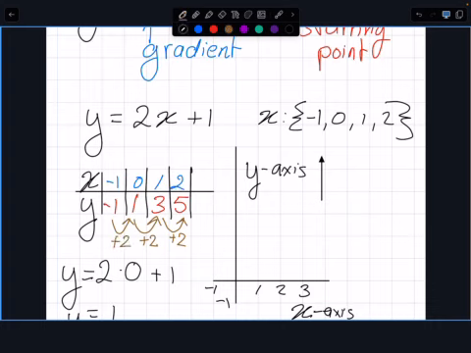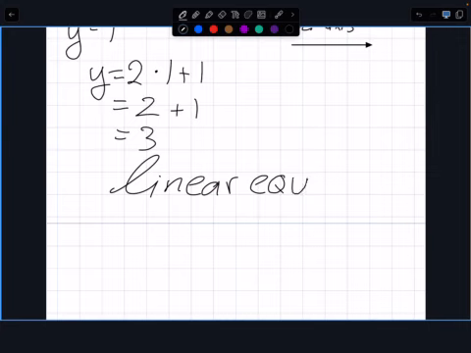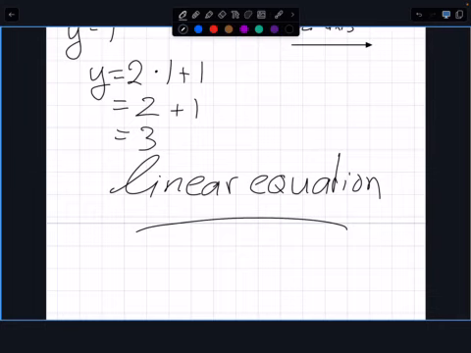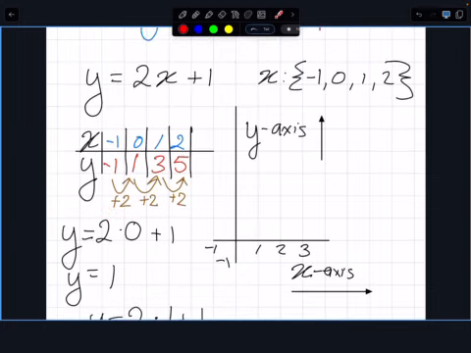And this is what is called a linear equation. How do I know it's a linear equation? The increase or decrease stays the same. The gradient is 2.